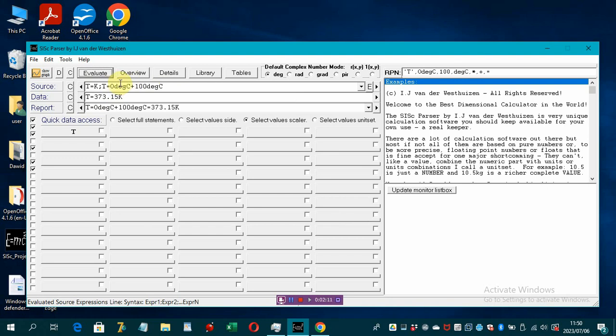So that is the 0 point of the degree Celsius scale plus 100 degrees Celsius for the relative part, and then you get the absolute temperature of 373.15 Kelvin from the thermodynamic 0 of temperature. Okay, so that solves that problem.